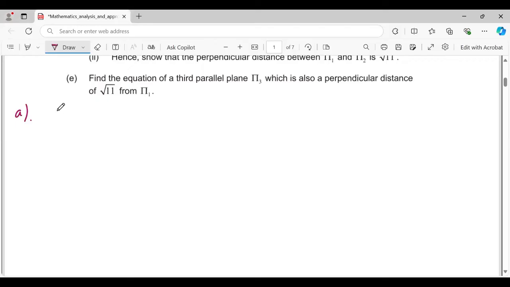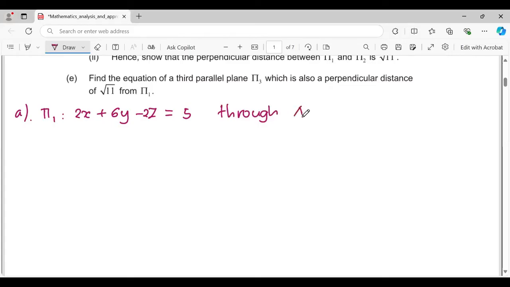A, the plane pi 1: 2x plus 6y minus 2z equals 5.